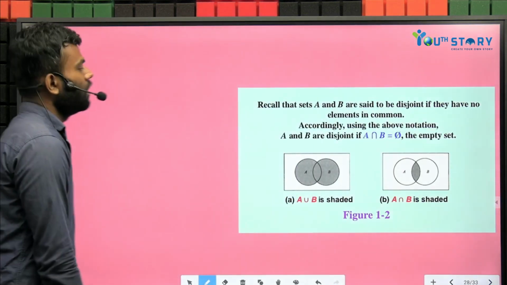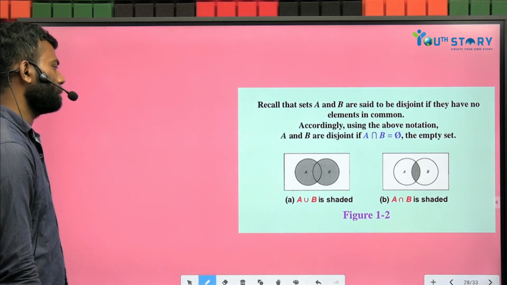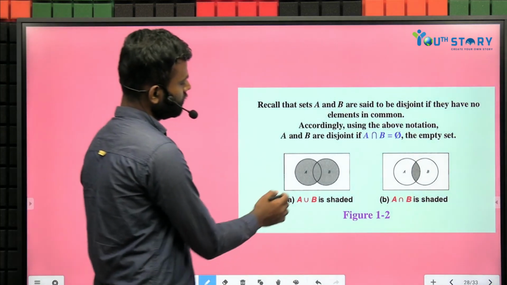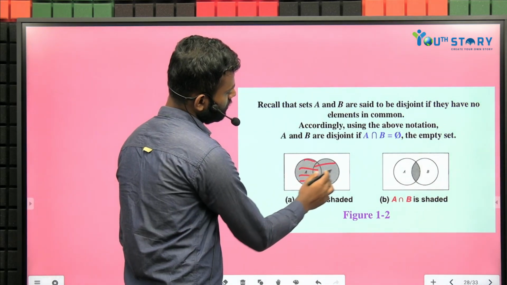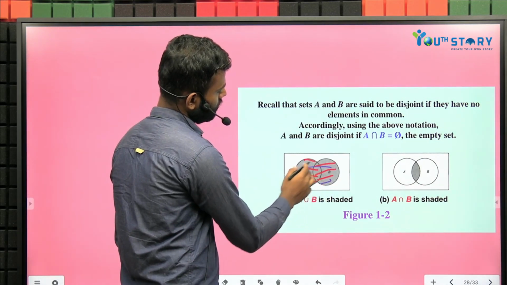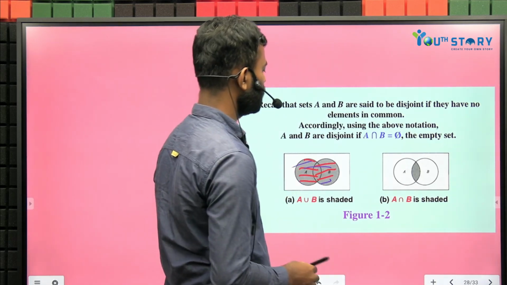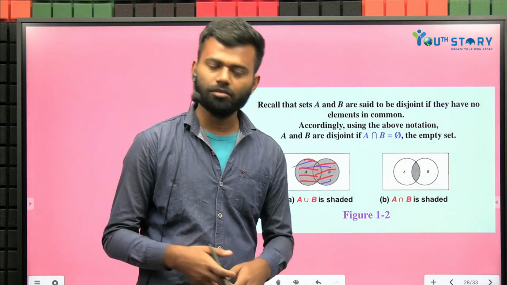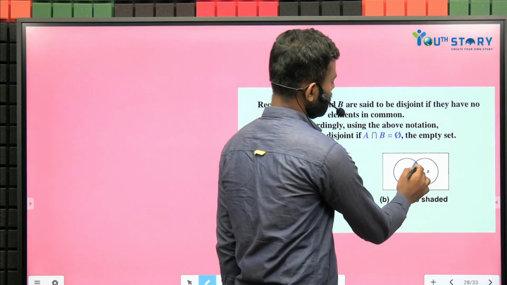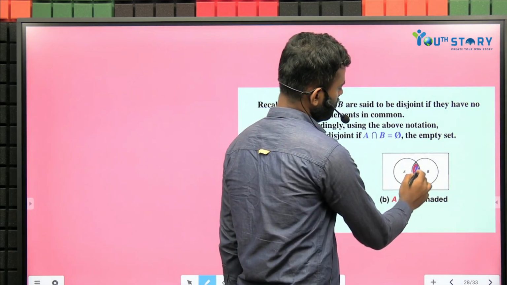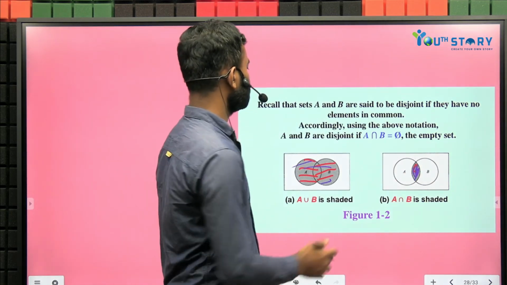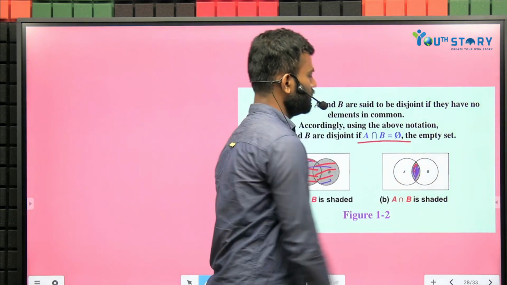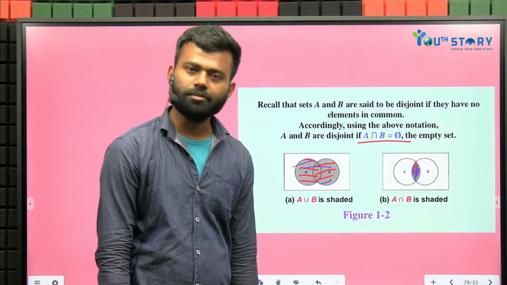Now the structure: A union B means we take all elements of A and all elements of B, and intersection means the common part. So this will be this position, A intersection B, and if they are disjoint, A intersection B equals the empty set.